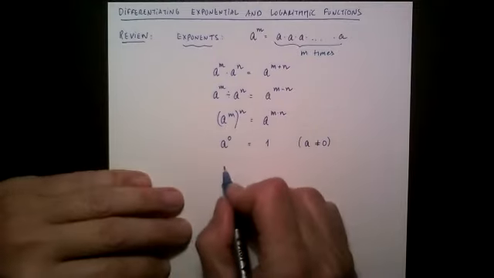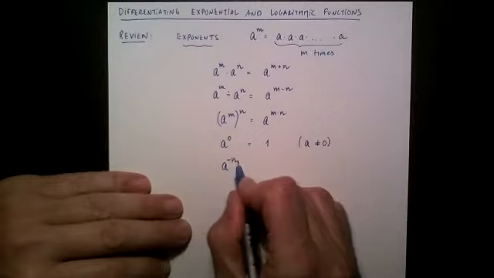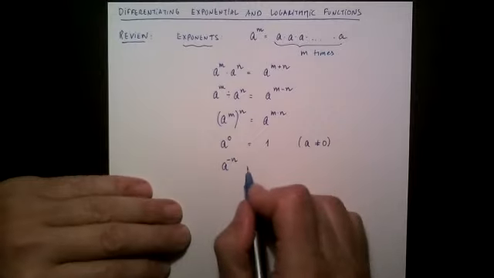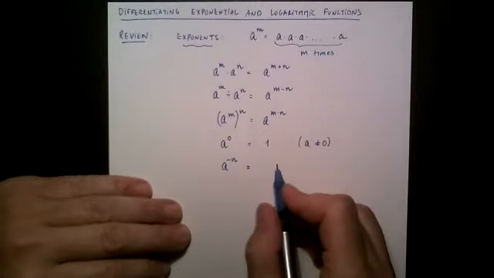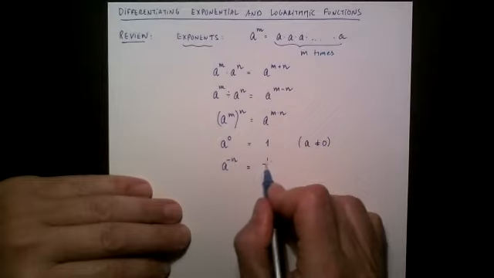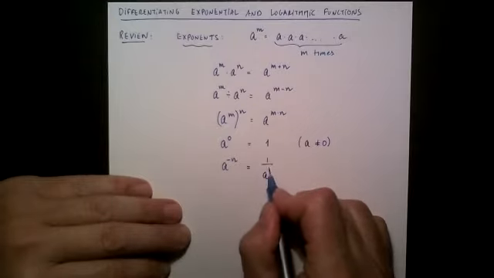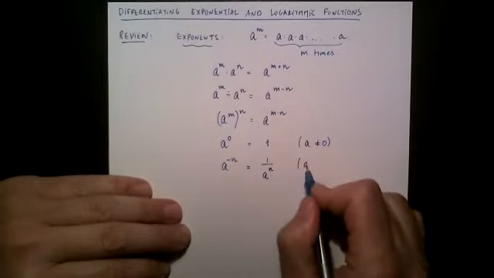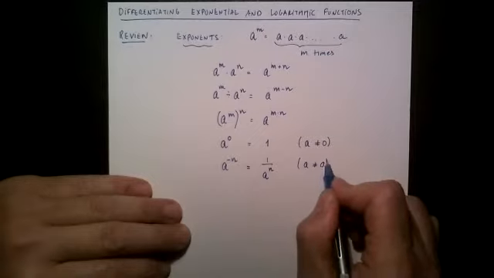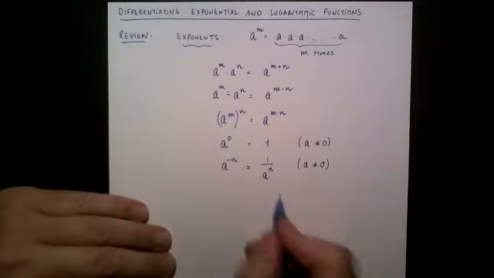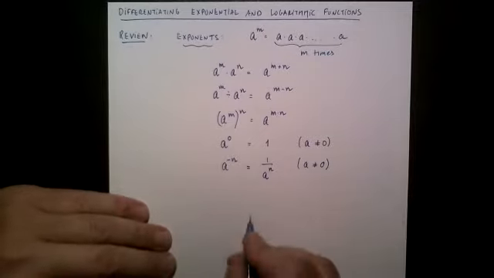And then a to the power of negative n, what is that? 1 over a to the power of n, again, given that a is not 0, or else we're dividing by 0, and it doesn't make sense.